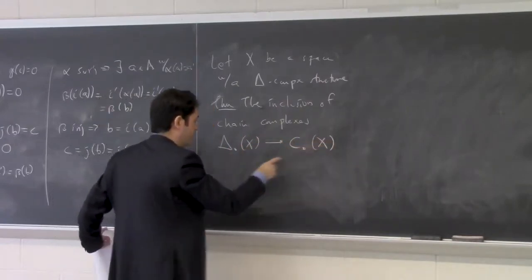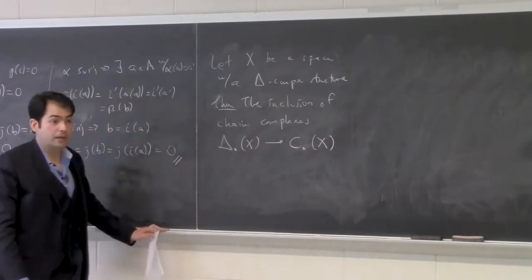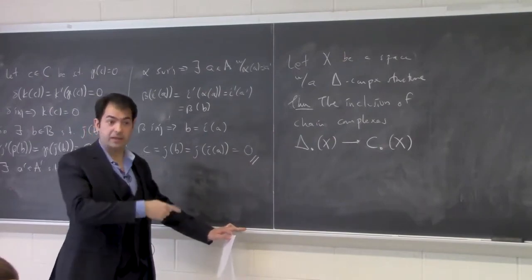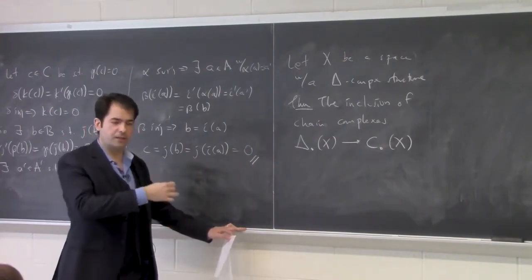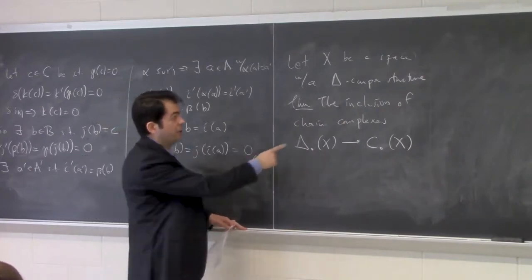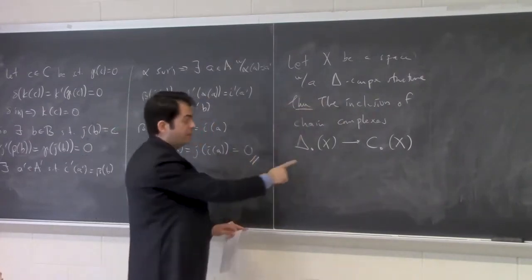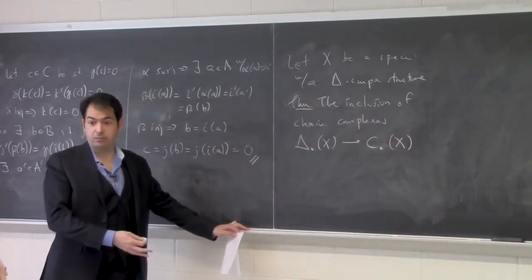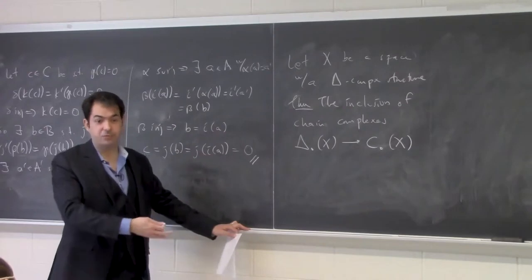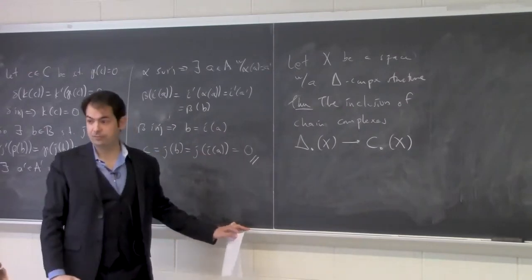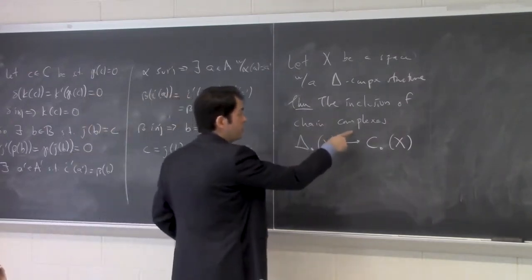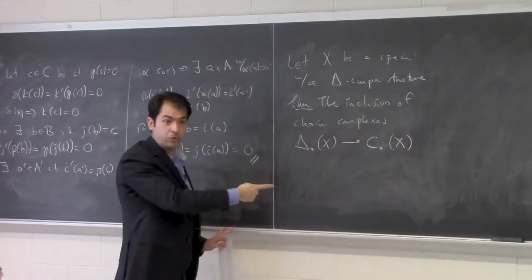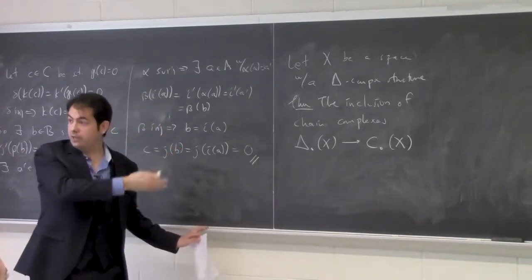So for X, we have the delta complex structure groups, right? These were the finite free abelian groups on the n simplices of the delta complex structure. And that maps into the singular chains of X, because here you have all possible maps from the standard n simplex into X. So this is an inclusion of chain complexes. It is a map of complexes. This commutes with the boundary because the boundary was defined the same way in both cases.